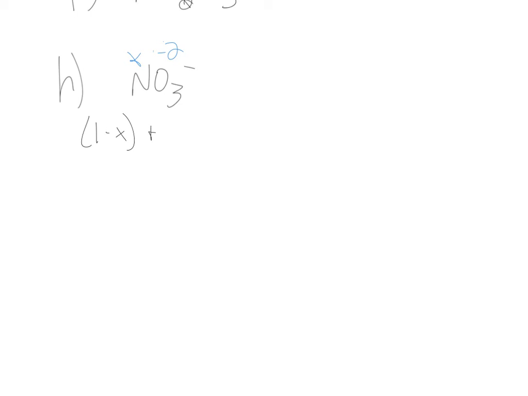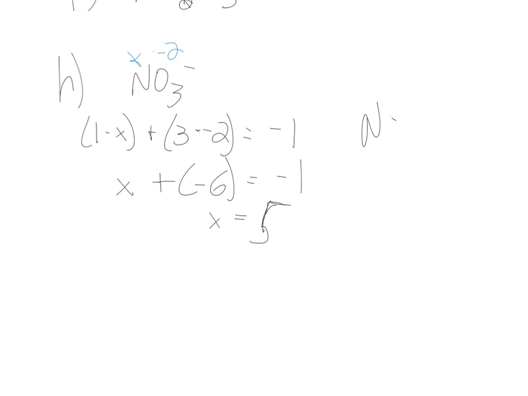The 1 atom of nitrogen, when added together with the 3 atoms of oxygen, should add up to the overall charge, which is -1. Simplify a bit. Add 6 to both sides. And we get positive 5. So nitrogen's oxidation state within the nitrate ion is positive 5.